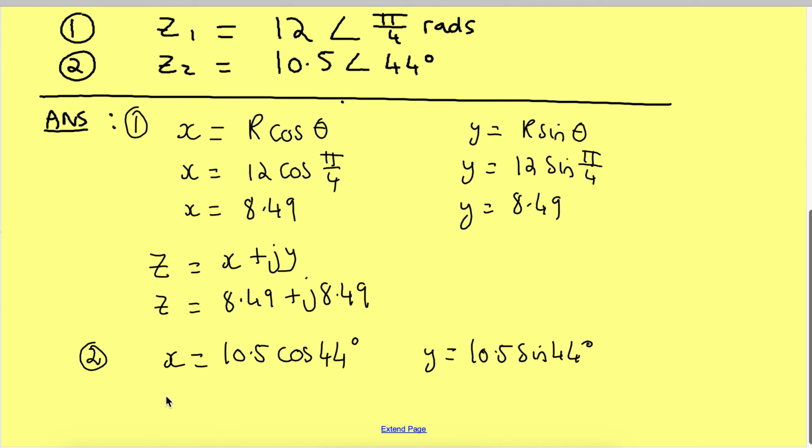You don't need the degree sign in. I'm just doing it because otherwise I'd forget to do it in my calculator. I've already forgotten degrees, right? So 10.5 cos 44 is 7.55. And I'd imagine that the y is very similar just because of how close it was to 45, so it's 7.29.